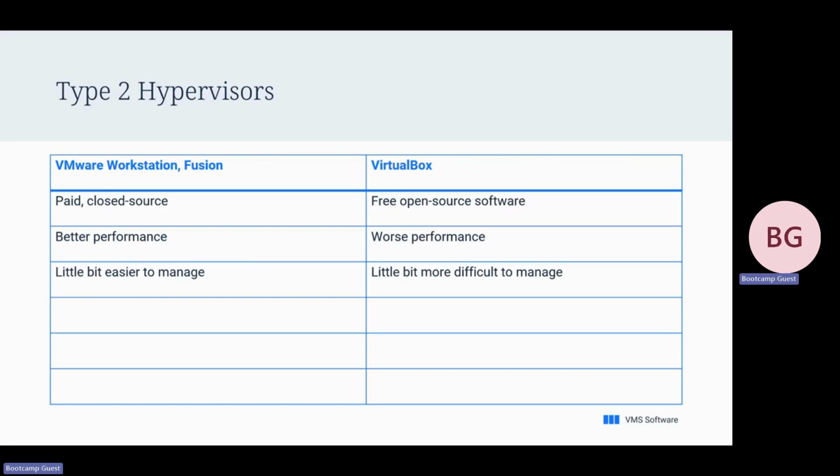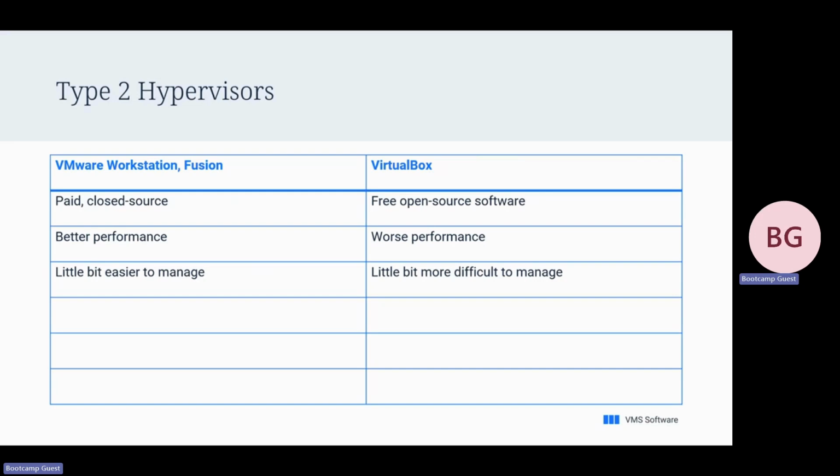Looking at the type 2 hypervisors, I will compare VMware Workstation and Fusion, which is the same product but for the Mac, with VirtualBox. Again, VMware is paid closed source, although that paid isn't true anymore. It is now free. I think that was changed sometime last year. I should have updated my slides. I missed this one.